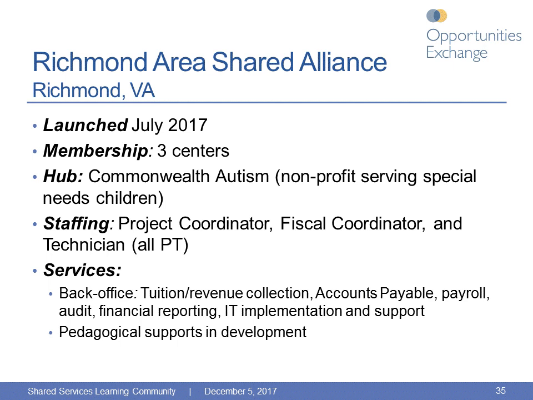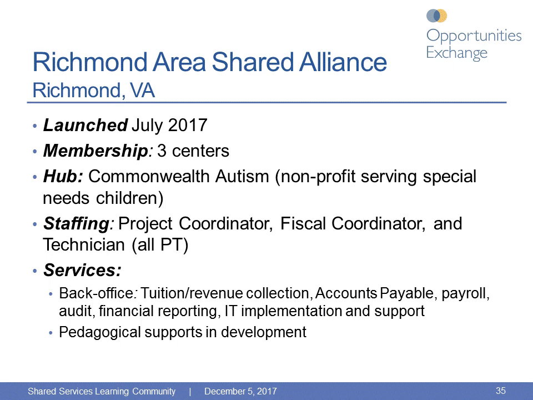The Richmond Area Shared Alliance was launched earlier this year. It started with 3 centers, and the hub of this organization is an organization called Commonwealth Autism, which is a nonprofit serving special needs kids. Right now there's a project coordinator and a fiscal coordinator and a technician.